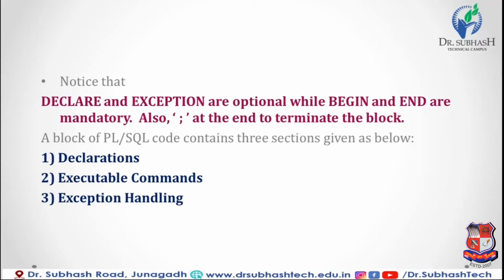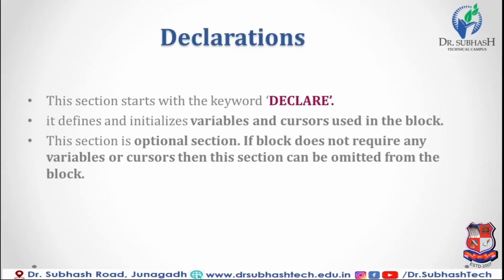Let's start with declarations. This section starts with the keyword declare. Okay. If I want to declare any variable, then I must write the keyword declare. It defines and initializes variables and cursors used in the block.